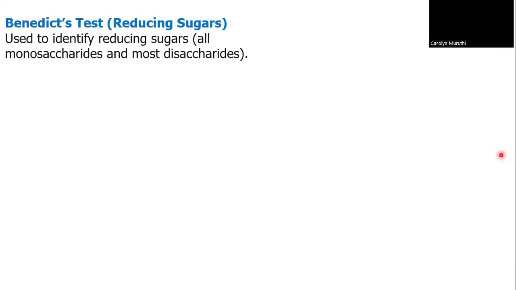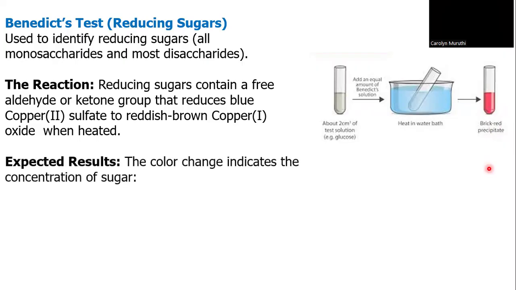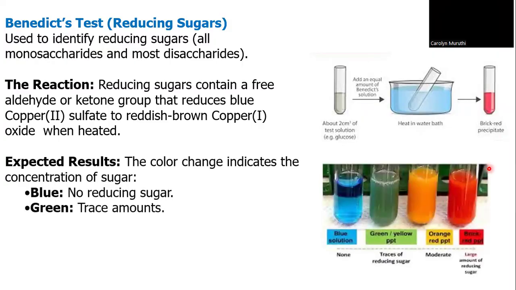Looking at the Benedict test, it is used to identify reducing sugars. In this reaction, the reducing sugar contains a free aldehyde or ketone group that reduces the blue copper II sulfate to a reddish or brick red precipitate when heated. In the presence of a reducing sugar, green will show trace amounts of the reducing sugar, whereas yellow or orange will show moderate.